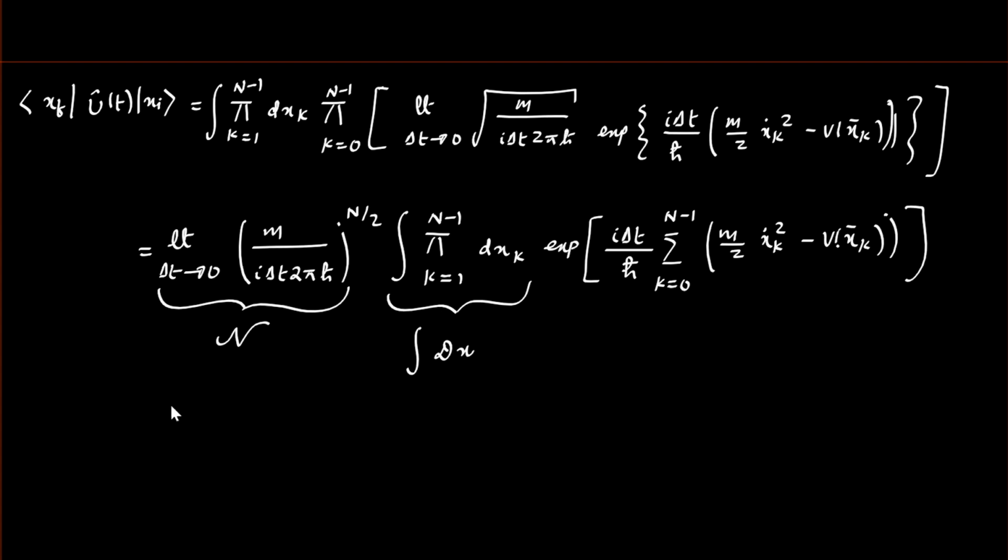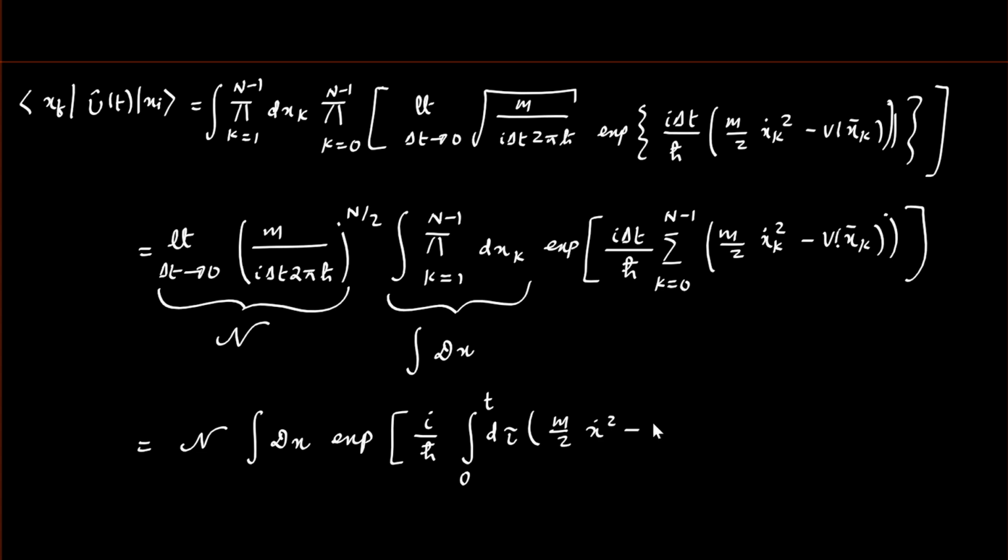Okay, then this expression becomes like this, that is N integral D of x exponential bracket i by h cross integral 0 to t d tau, m by 2 x dot square minus V of x.